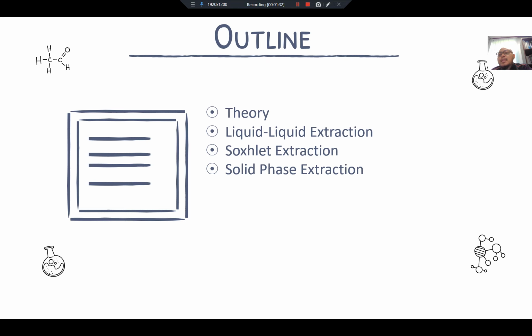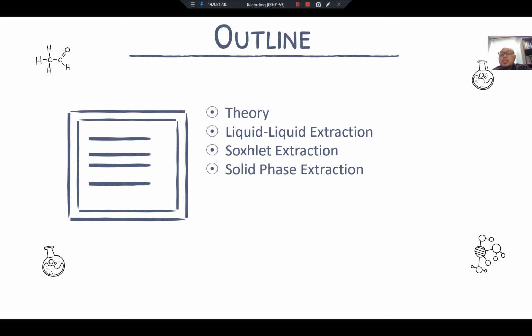If 10 years ago, solid phase extraction was categorized under modern extraction methods, nowadays there are a number of modern extraction methods which move forward from solid phase extraction.